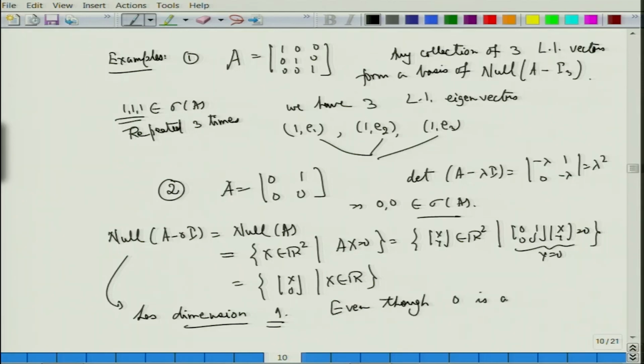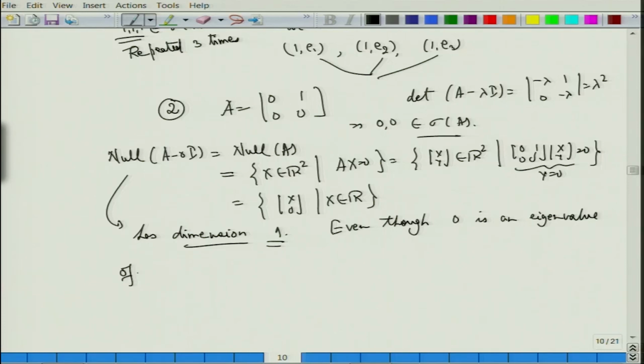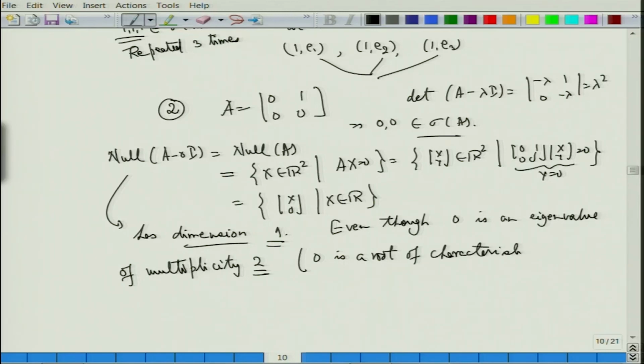So even though 0 is an eigenvalue of multiplicity 2. Multiplicity 2 means 0 is a root of the characteristic equation, or characteristic root, whatever you want to say.